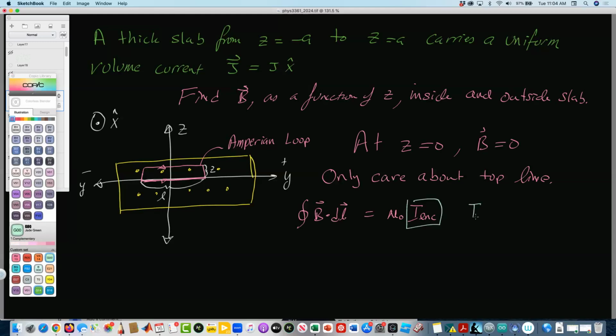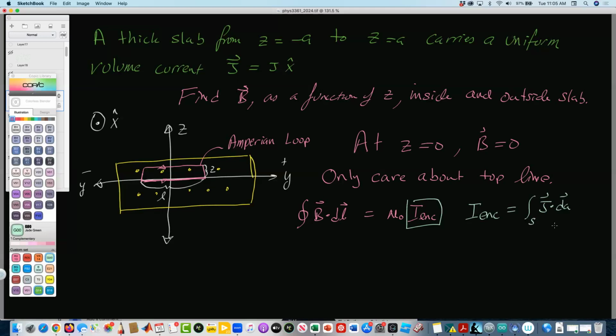Remember what it looks like: it's the integral of J dot dA, sorry, I should write that to be more clear, over a surface that's bounded by your Amperian loop in pink.